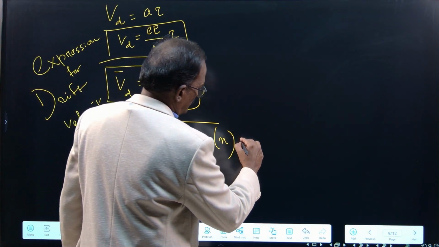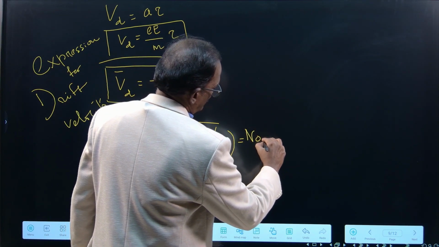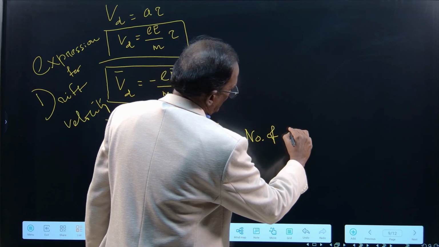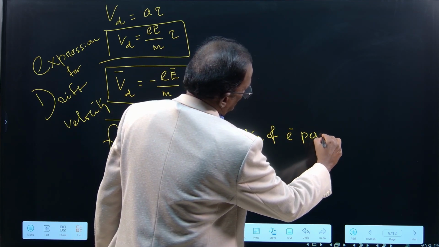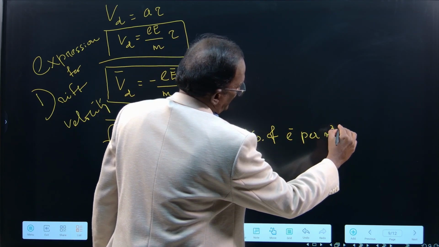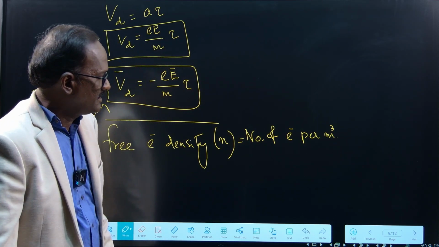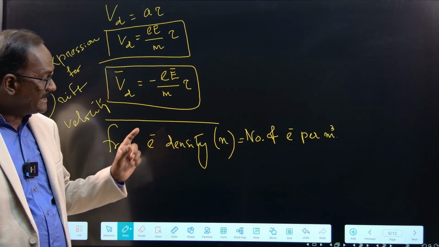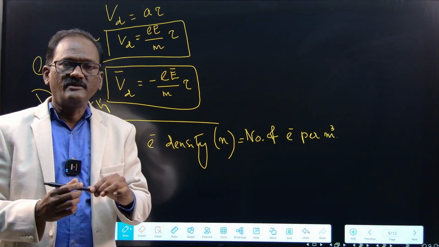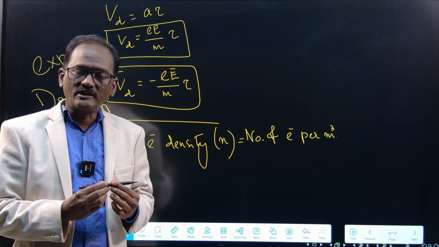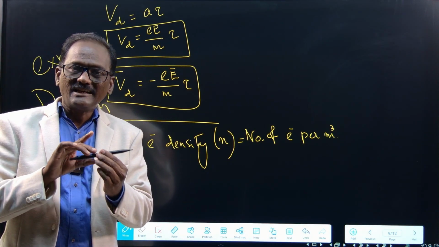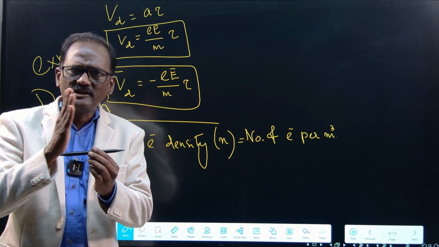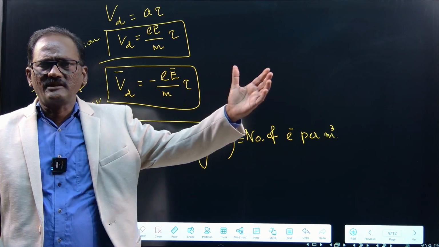Small n is equal to the number of electrons per meter cube. Density. For a given material, copper or aluminum, for a good conductor, how many electrons are available for 1 meter cube of volume only, not for the entire volume.